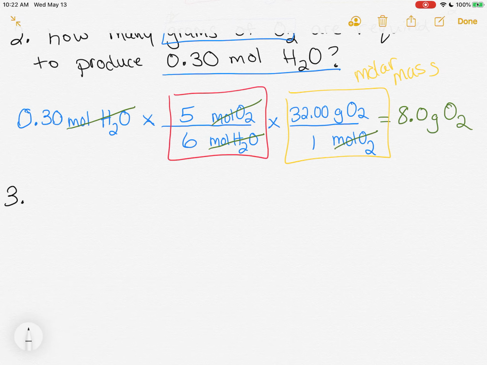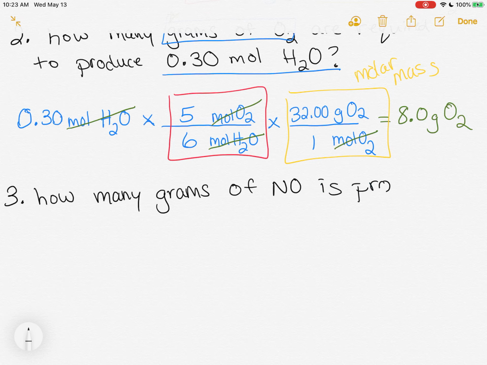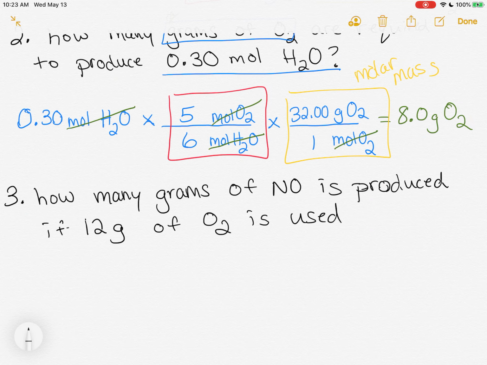All right, so we're still working with the same reaction, only in this next question, I want to know how many grams of NO is produced if 12 grams of O2 is used.